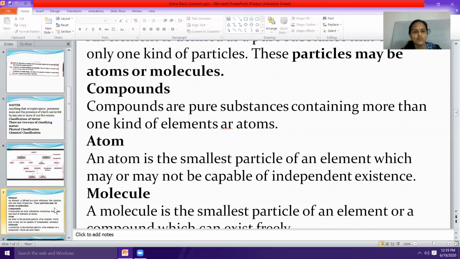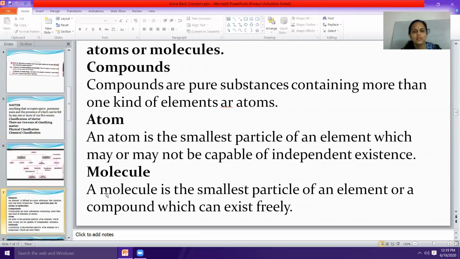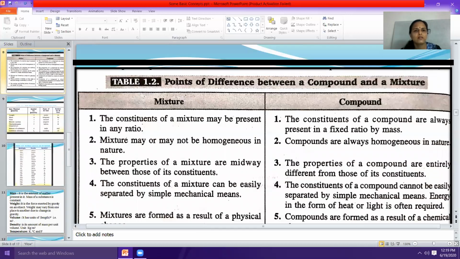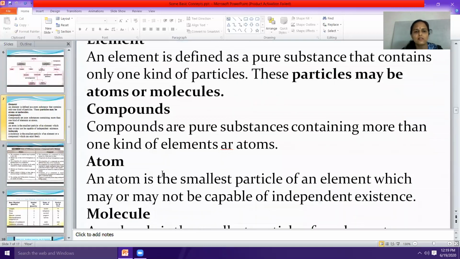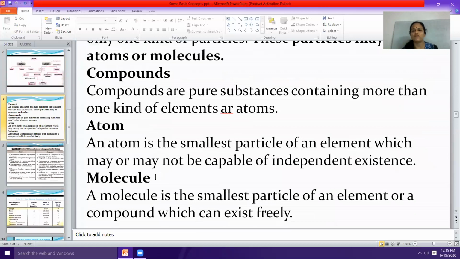Then go for molecule. A molecule is the smallest particle of an element or a compound which can exist freely. If I say oxygen molecule, oxygen, hydrogen, chlorine, fluorine, bromine, they are all diatomic molecules.